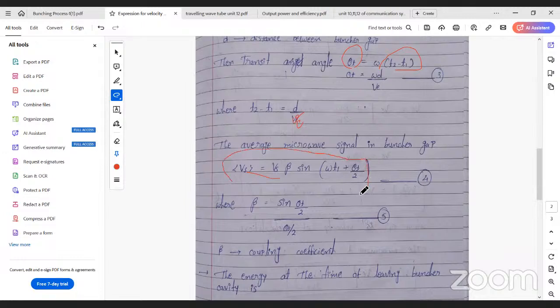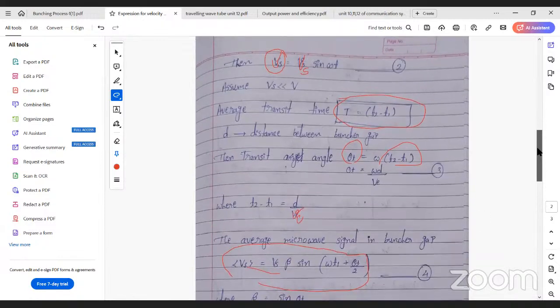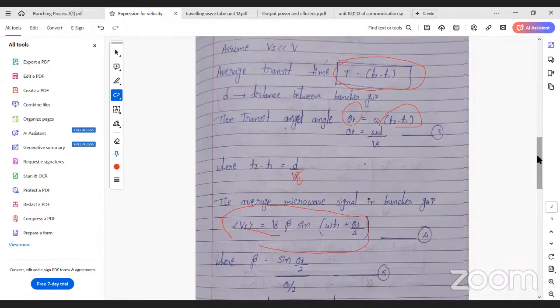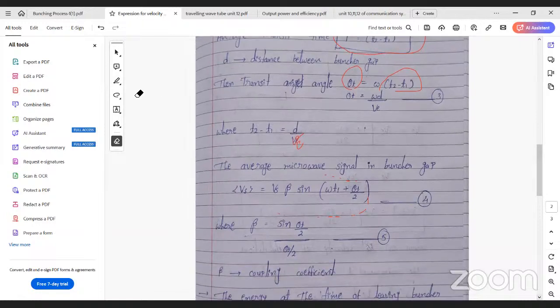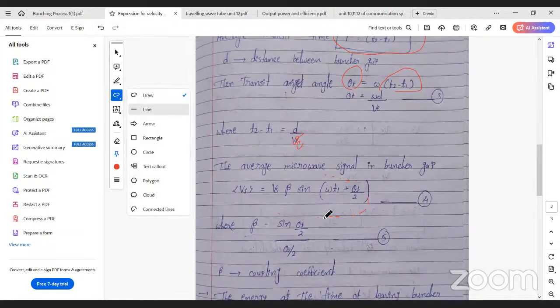This is the general equation, not the substituted one; we are writing this equation directly. Here Vs beta sine (omega t plus theta by 2). Here beta is the coupling coefficient: beta equals sine(theta by 2) by (theta by 2).